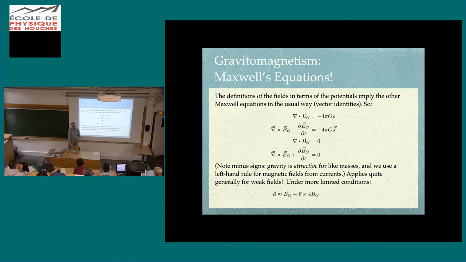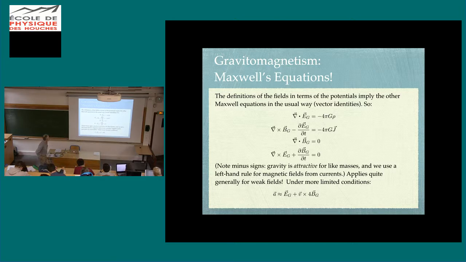So hey, look at that. I've got Maxwell's equations. So in the weak field limit, the gravitational field behaves just like electricity and magnetism, except with the minus signs. So you've got to remember the minus signs, but other than that, you're fine.